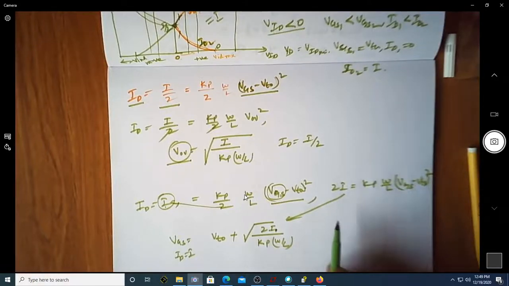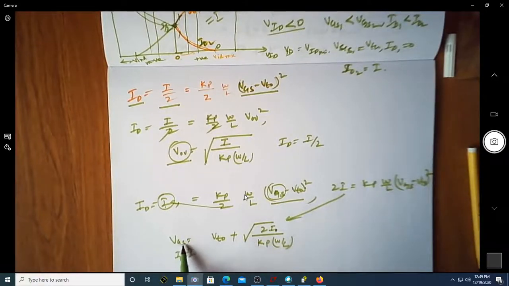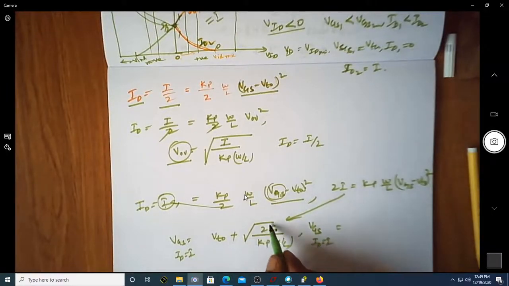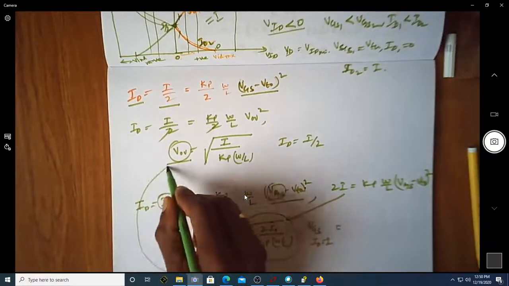Now we can see this VGS is equal to so and so. Suppose I write again the same VGS for ID equal to I. Can I replace this particular term by this?